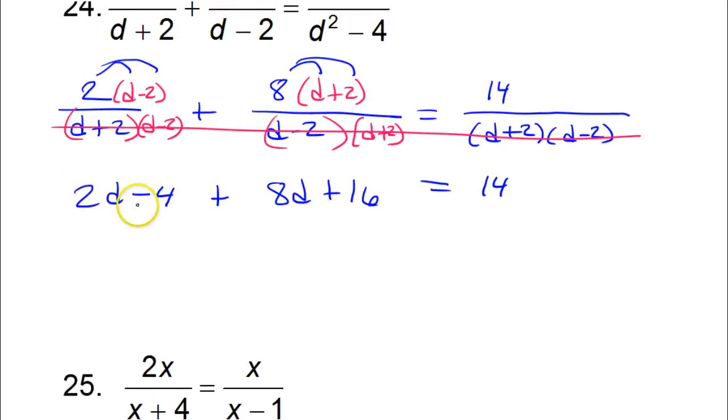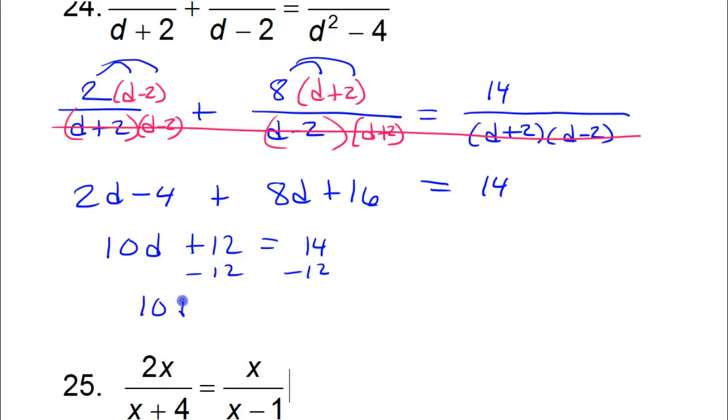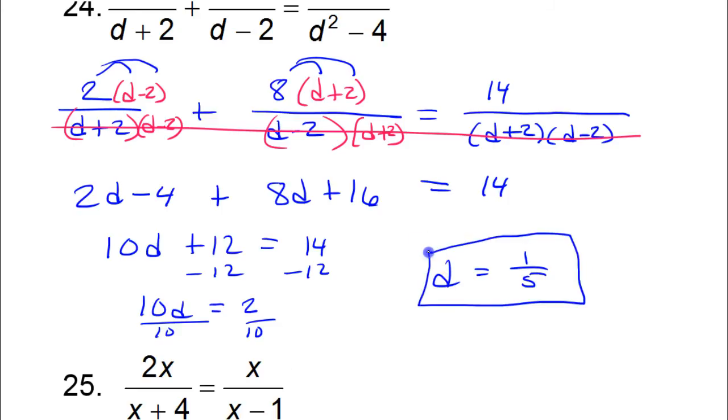Combining like terms, so 2d, 8d, that's 10d, negative 4 and 16, that's 12, is equal to 14. Subtracting 12 from both sides gives me 10d is equal to 2. Dividing both sides by 10, d is equal to 1/5. I just reduced.